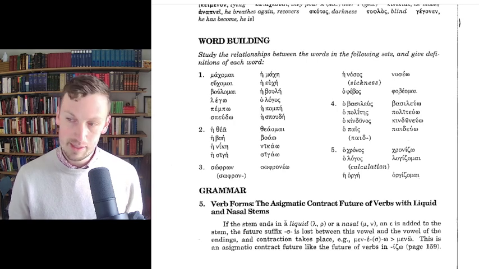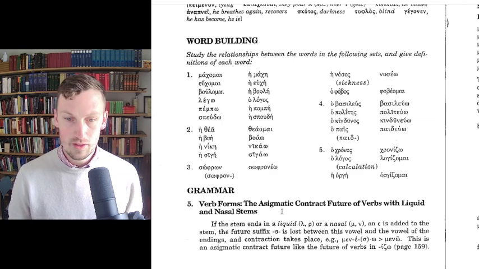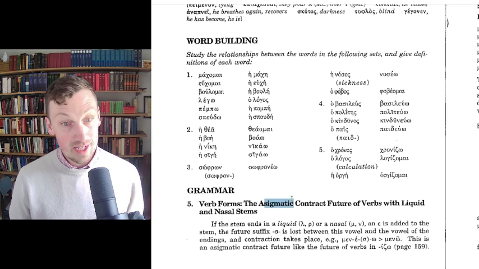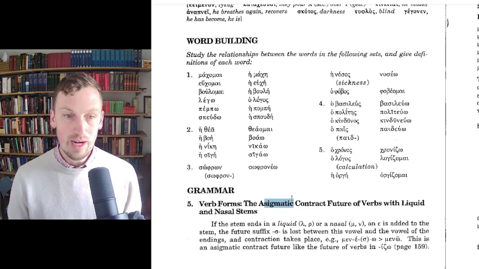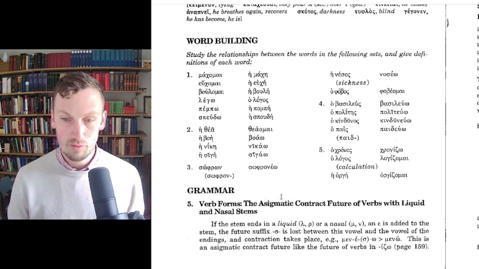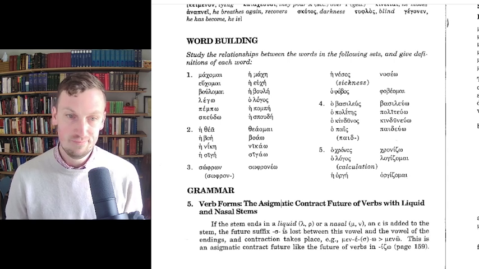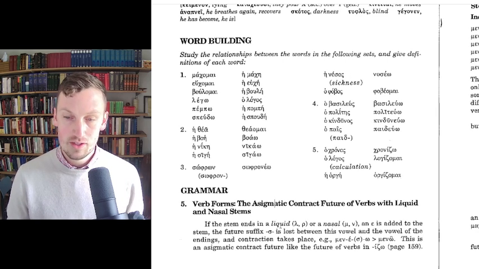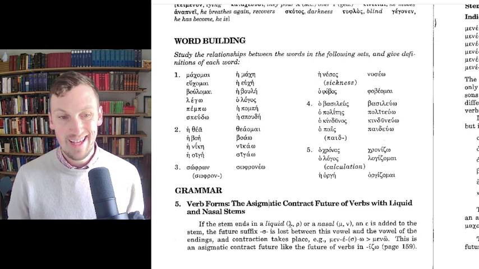Liquids and nasals, sigmas disappear. So this word asigmatic, it means the sigma has disappeared. Try to put a lemnar, liquids, L-R-M-N-N. We use lemnar as a sort of way to remember what the liquids are. It's just a made-up word. So lemnar followed by an S, that S is not going to stand. The S is going to disappear.